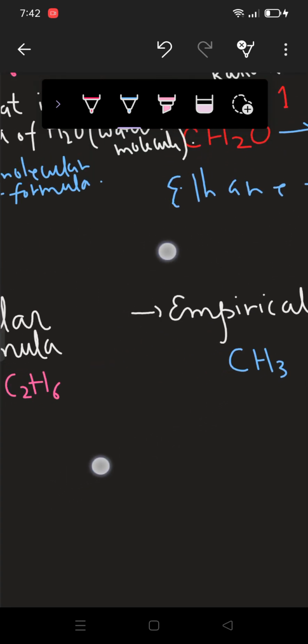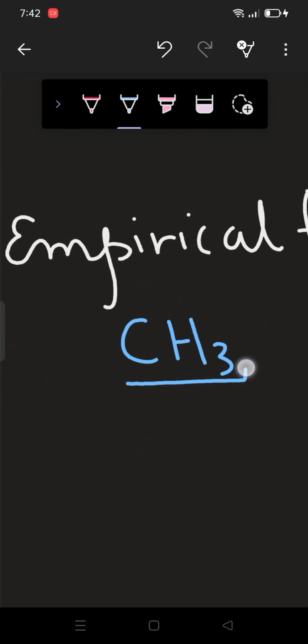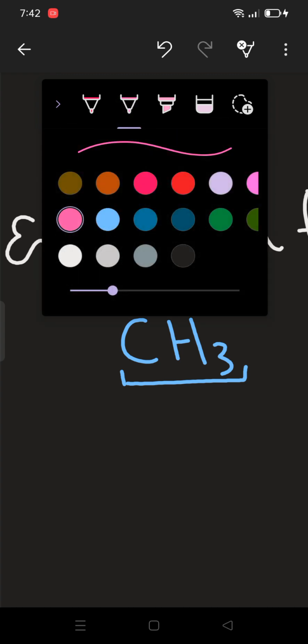It means I need to multiply the empirical formula with a particular number to get the molecular formula, right? If I multiply this entire value by 2, I can get it.